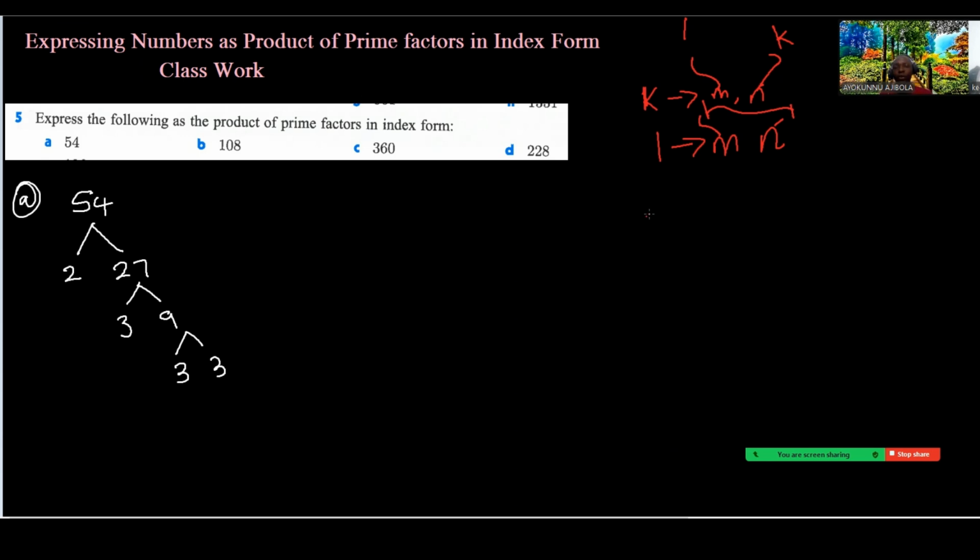So now, the next thing is to check on 2. 2 is a prime number. Why is 2 a prime number? Because only 2 and 1 can divide 2. Only 2 and 1 are factors of 2. 3 is also a prime number because only 3 and 1 are factors of 3. So these are prime numbers. But 4 is not a prime number.